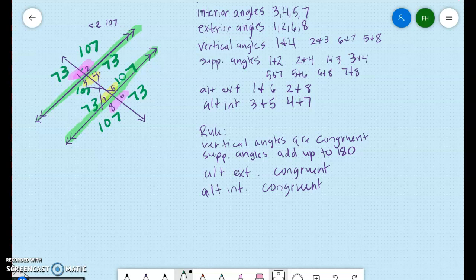So now I filled in all of my angles. Every straight line on here should add up to 180. And I'm trying to see if there's any rules I left off. Oh, corresponding angles.